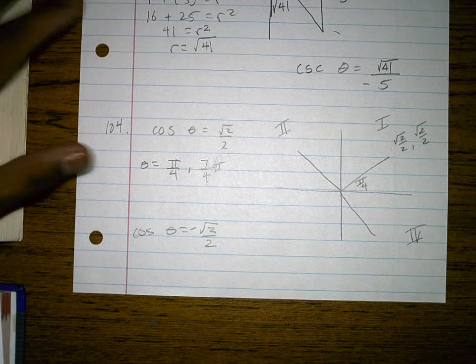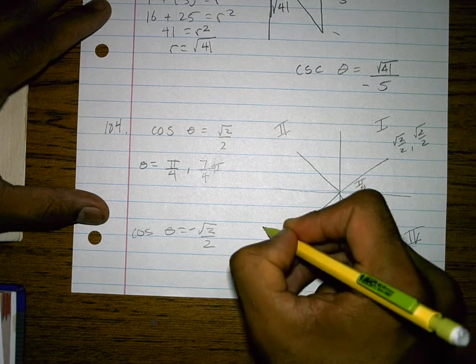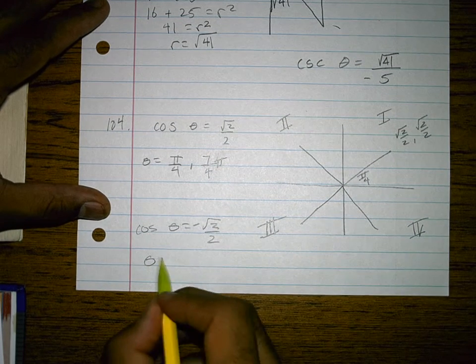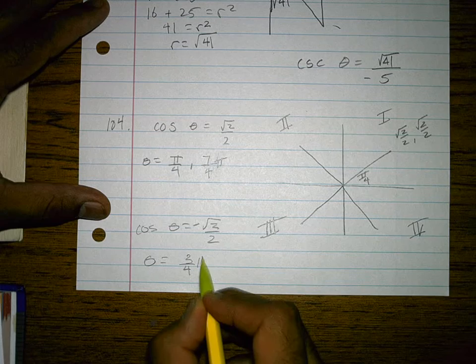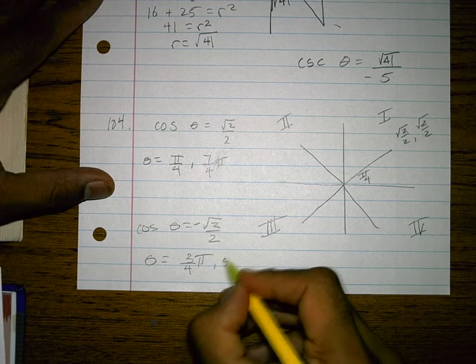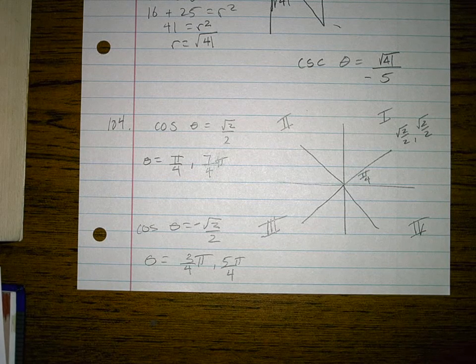Negative ones are over here in quadrants 2 and 3. Sorry, I was thinking of sine. So theta would equal 3 pi over 4, and my other one would be 5 pi over 4.